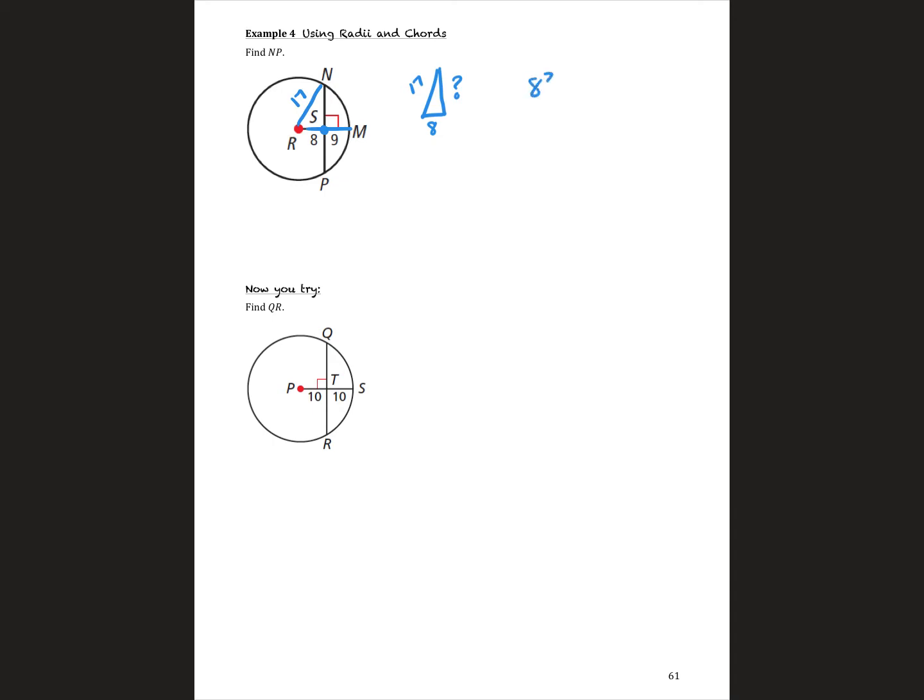So that's 8 squared plus b squared equals 17 squared. 64 plus b squared is equal to 289. 289 minus 64. 225. B squared is 225. And then square root both sides, and b is 15. And if that piece is 15, then we would double it to get the full length of NP.